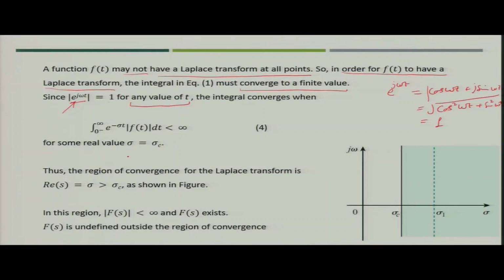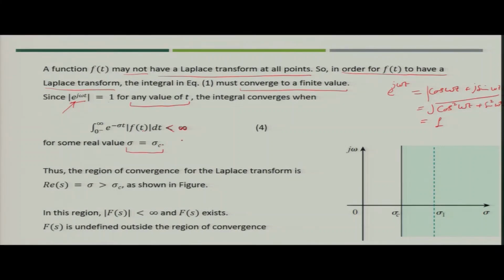The left part of the expression is the integration between 0 minus to infinity of e to the power minus sigma t f(t) dt, and this integration should be finite. That means the value of this expression should be less than infinity, and this is applicable for a real value sigma.